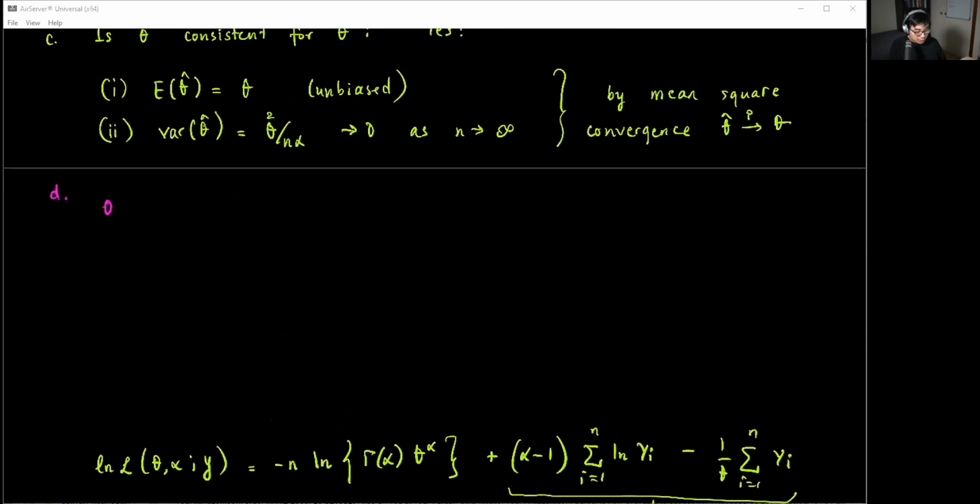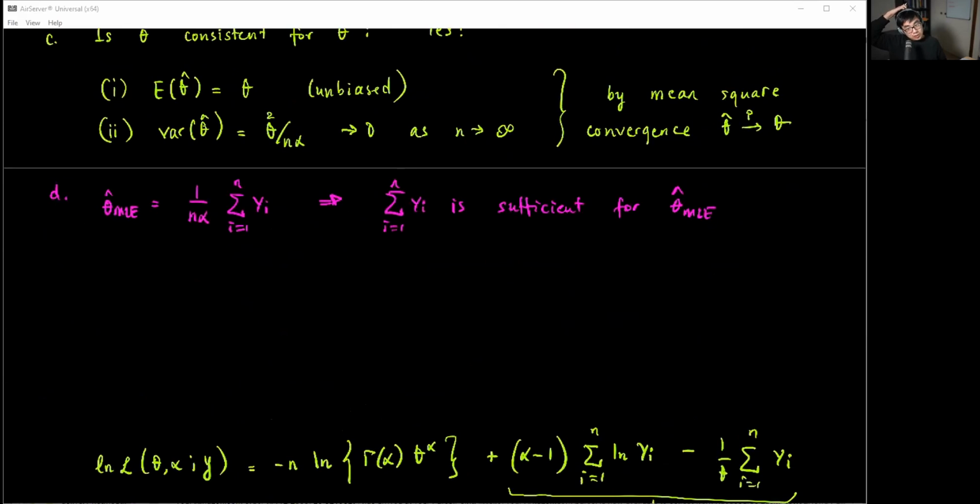Theta hat is equal to 1 over n alpha times the sum of yi. So based on this alone, you can say that therefore the sum of yi is sufficient for theta hat MLE.